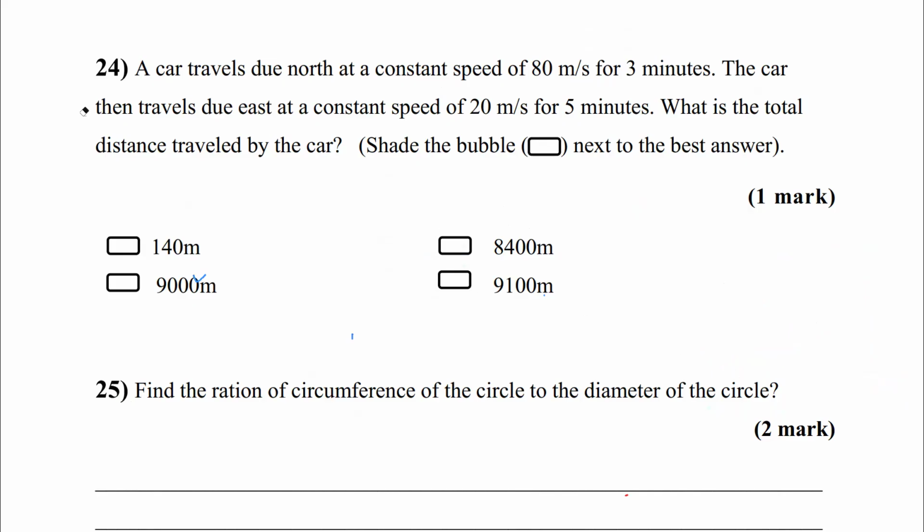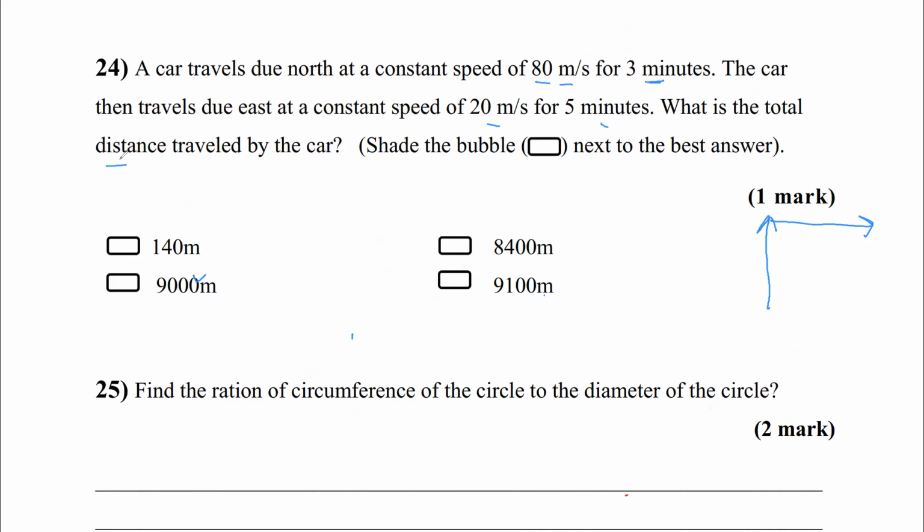Question number 24: A car is traveling north at the speed of 80 meter per second for 3 minutes. So the car is traveling towards the north and its speed is 80 meter per second for 3 minutes. Then the car is traveling towards the east, now they are moving towards the east, at 20 meter per second for 5 minutes. What is the total distance traveled by the car?